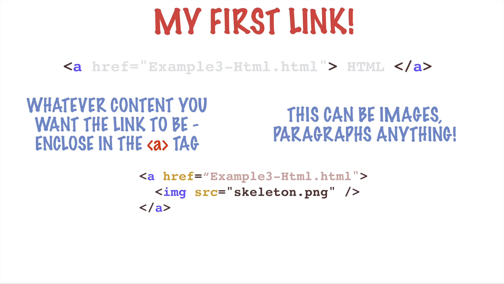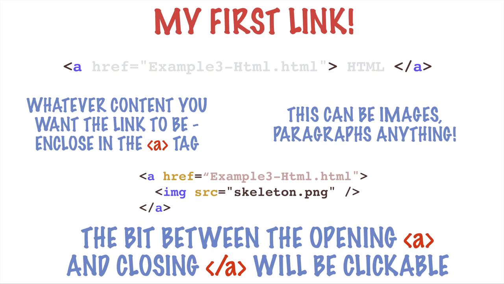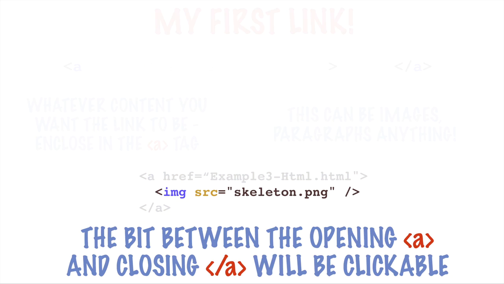In this next example that you see on screen now, it's an image with the source pointing to that skeleton image which we've encountered a couple of times. Remember again that whatever is between the opening and the closing A tags will be clickable. And that's what's highlighted now on screen. The clickable component here is an image with source attribute equal to skeleton.png.